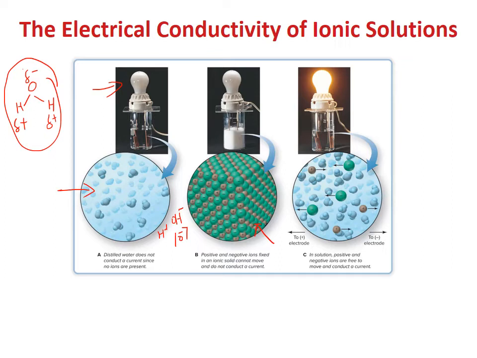When ionic compounds dissolve in water, for example sodium chloride, you have negatively charged chloride and positively charged sodium in the solution that can move freely and conduct electricity. Note that negative charges and positive charges move in opposite directions to conduct electricity.